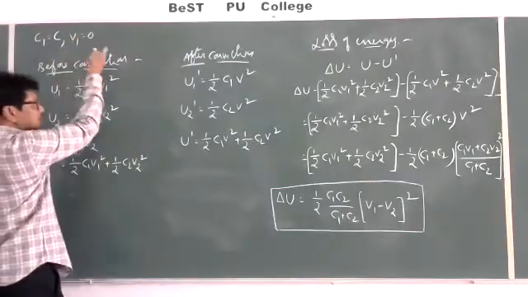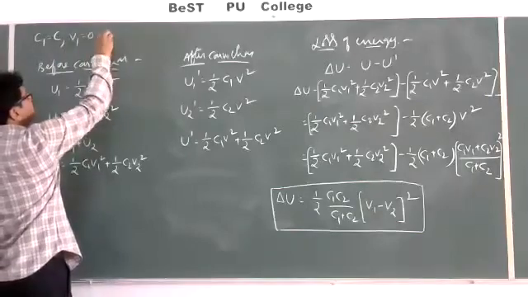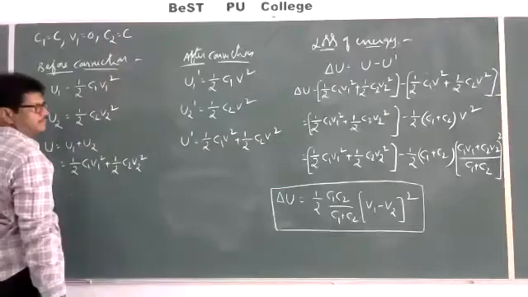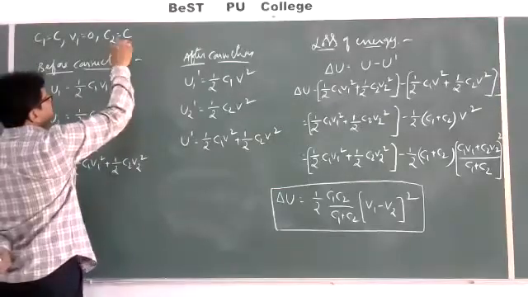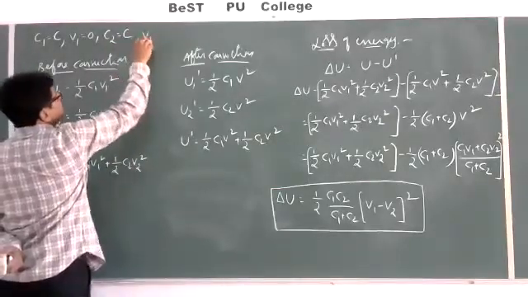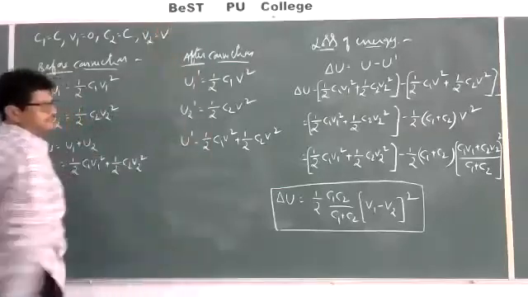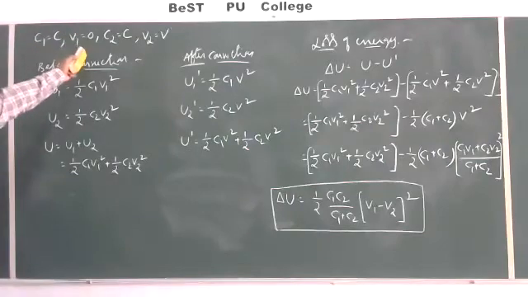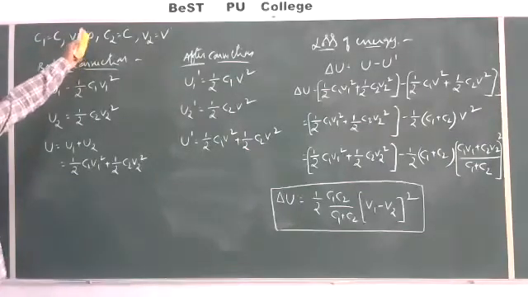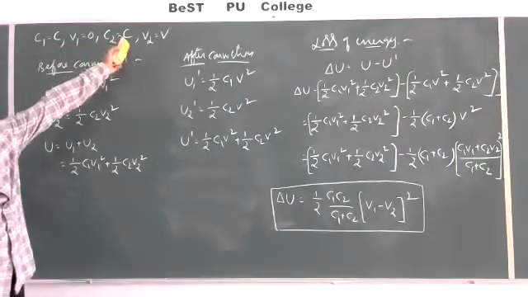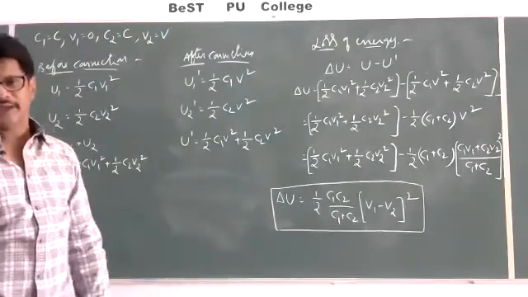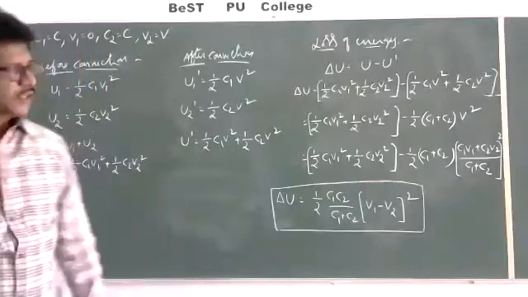It is connected to a similar capacitor, meaning the capacitance is the same, of potential V. This is the condition given: C1 is equal to C, V1 is equal to 0, C2 is equal to C, V2 is equal to V. Then what is the loss of energy and everything?